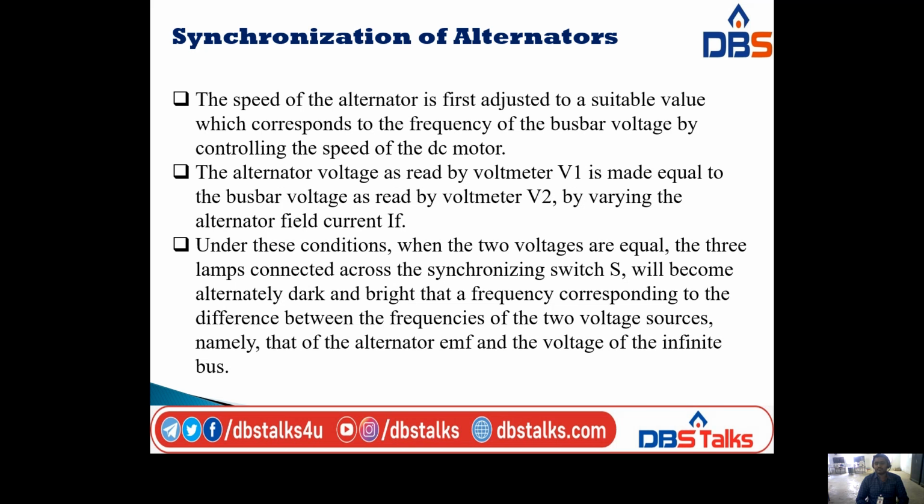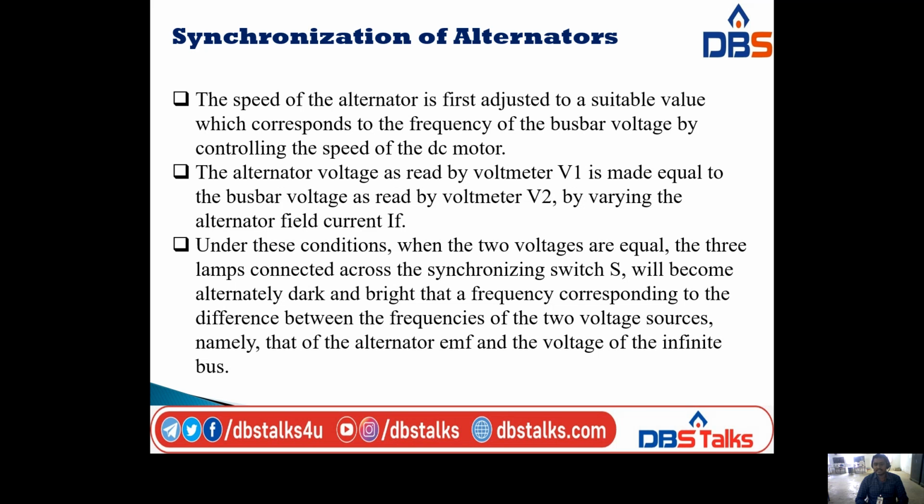Next, the alternator voltage read by the voltmeter V1 is made equal to the busbar voltage read by the voltmeter V2, by varying the alternator field current IF using the field rheostat.